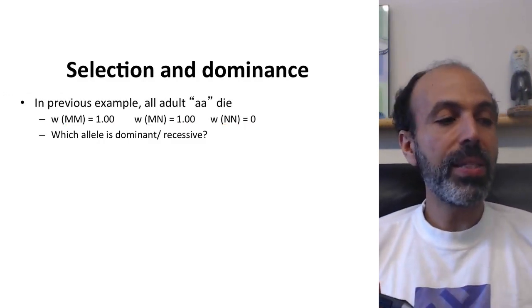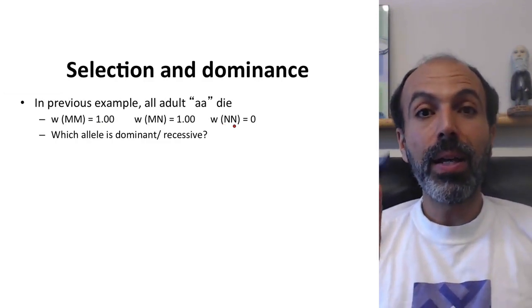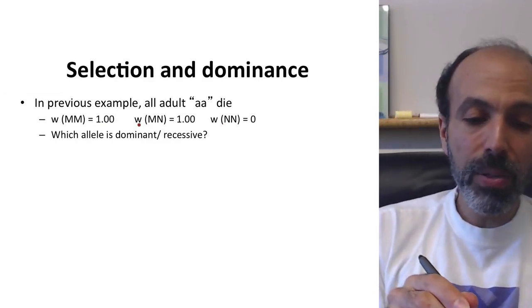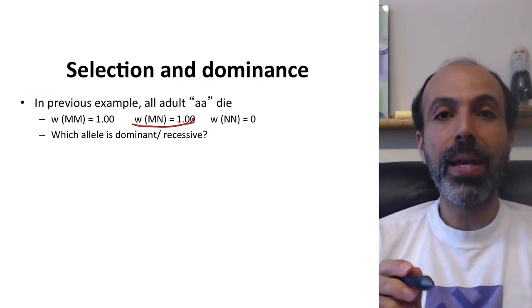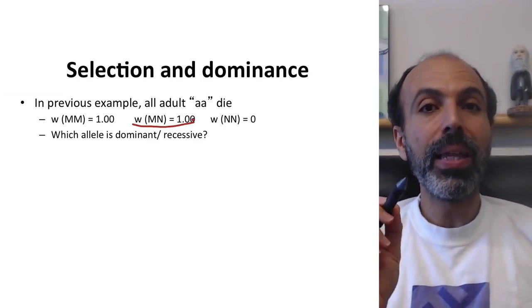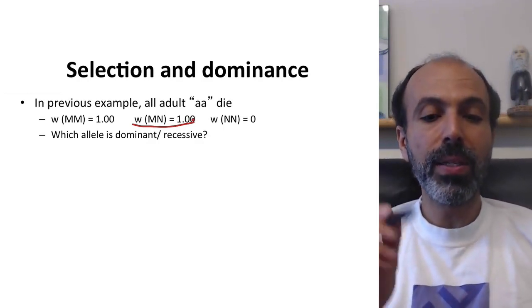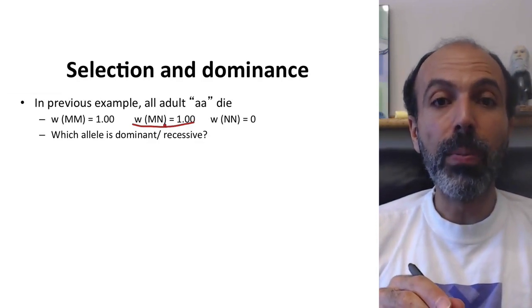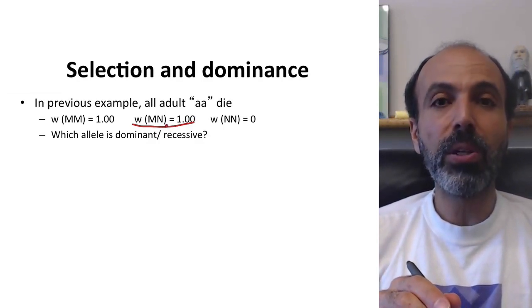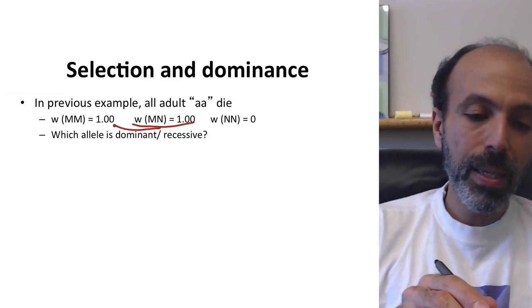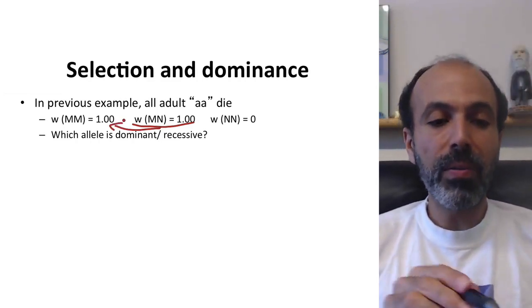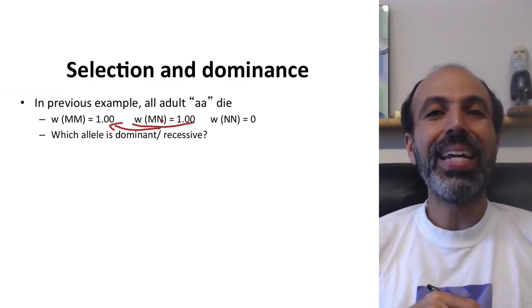Which allele is recessive? Well, we define dominance by what the heterozygote has the same phenotype as. The phenotype we're looking at in this case is the relative fitness. So which homozygote does the heterozygote have the same relative fitness as? In this case, the MM homozygotes have the same relative fitness as the MN heterozygotes.